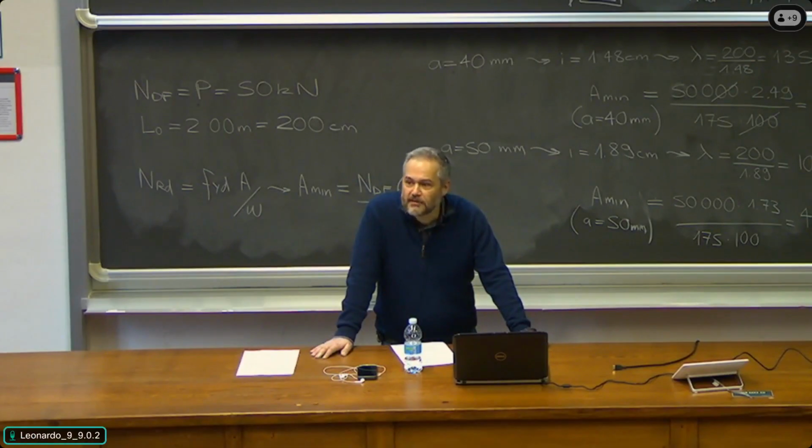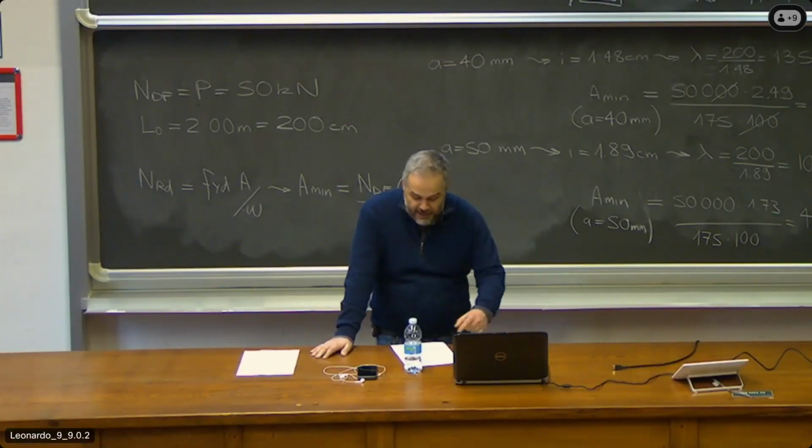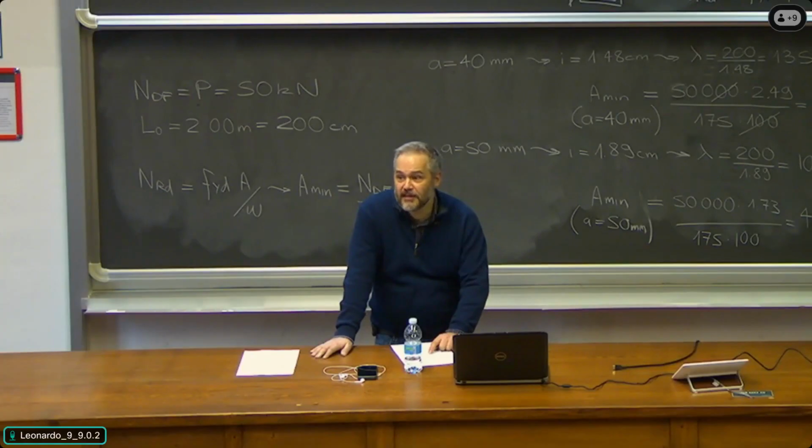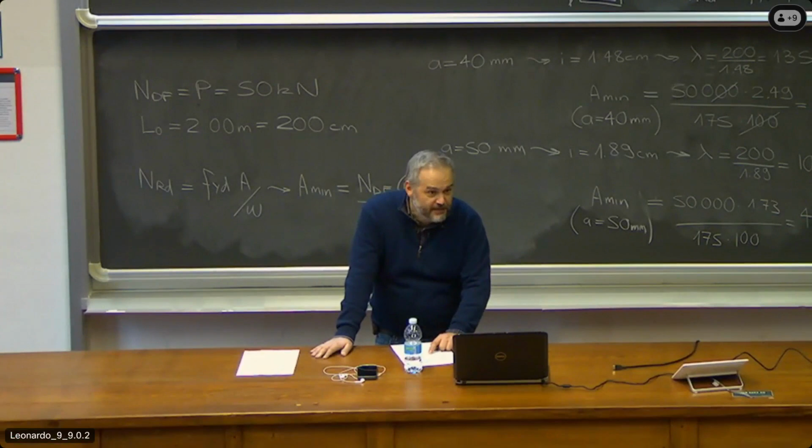Do we stop here? We do not stop here. Why? Because we cannot rule out the possibility of having a profile with A equal to 60, which is the last group, which fulfills the check with a lower weight. As a matter of fact, look at the first one, 60 times 2.